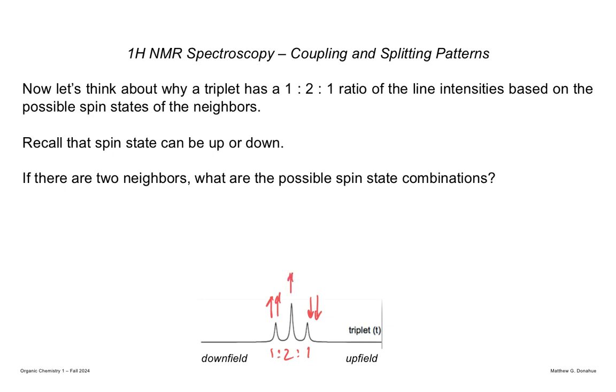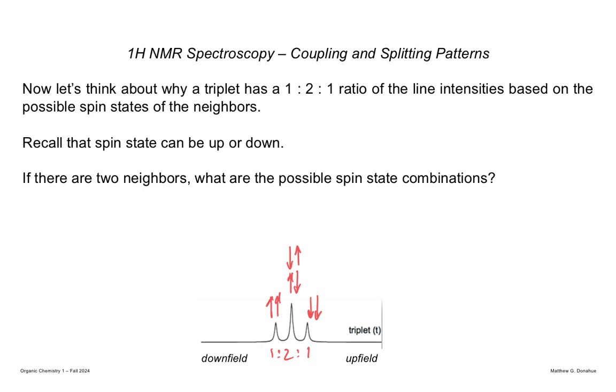So one up, one down, and then one down and one up. And so this 1 to 2 to 1, that's what that's referring back to, these combinations of spin states. So here's 1, here's 2, here's 1.